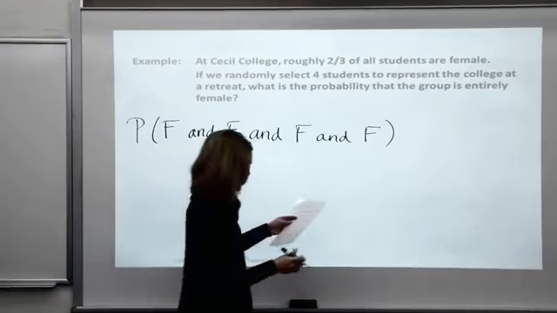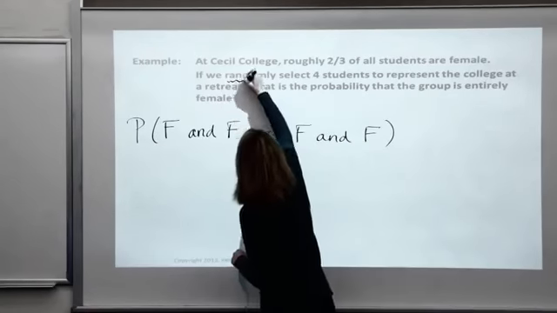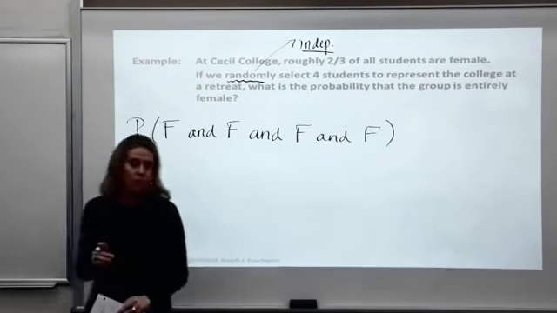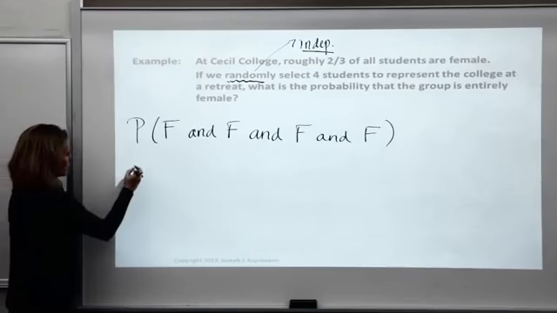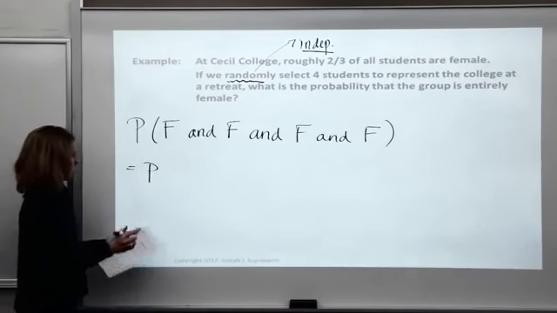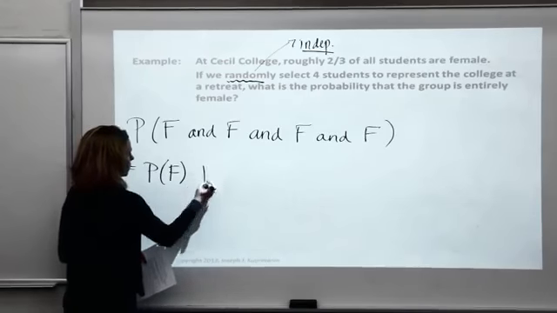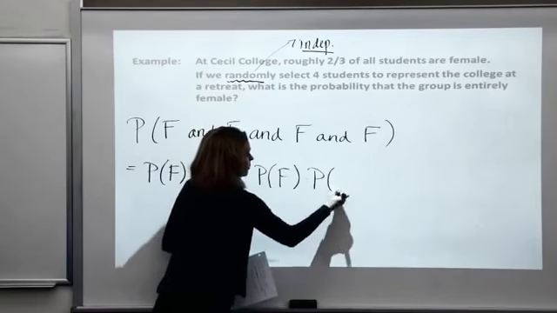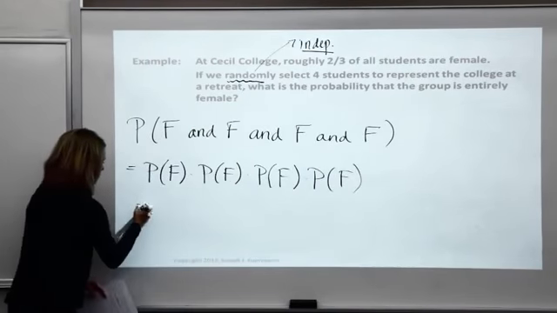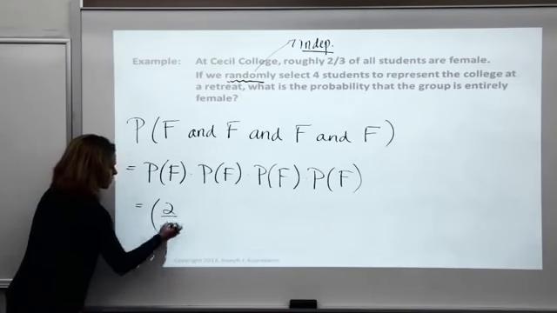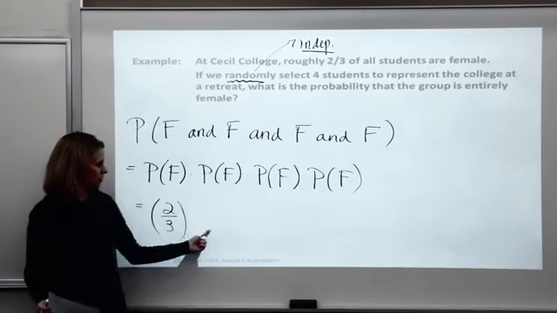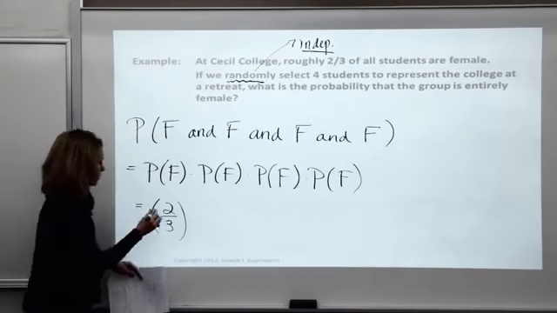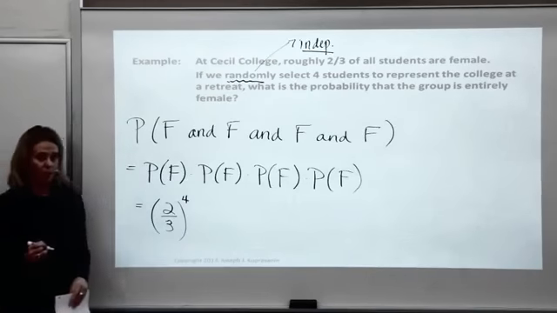Since they're independent, and that comes from how we selected them, we can use that multiplication rule for independent events. I'm just going to take the likelihood that the first student's female times the likelihood the second one is, the third one, and the fourth one. And the likelihood of each student being female, it says 2/3 of them are female. Again, we could have 2/3 times 2/3 times 2/3 times 2/3, or the quicker way to write that would be 2/3 to the 4th power, 4 of those.